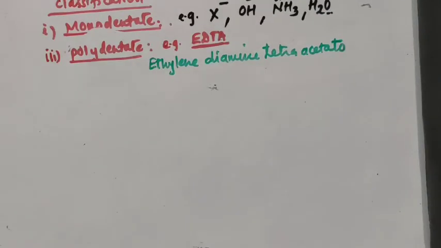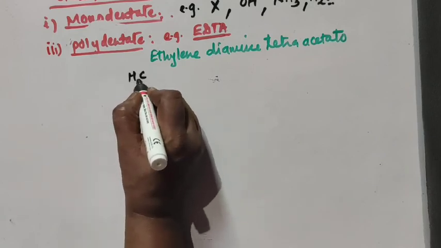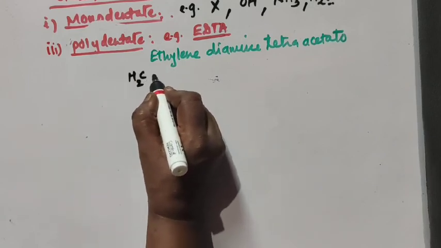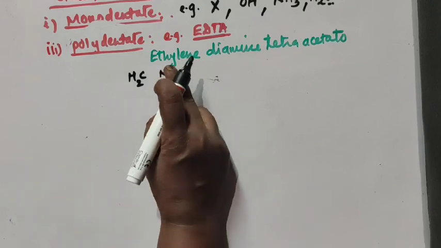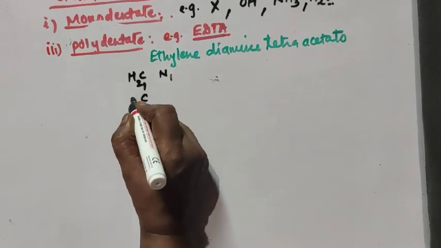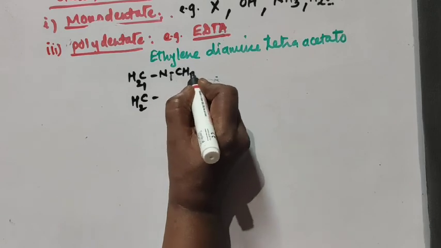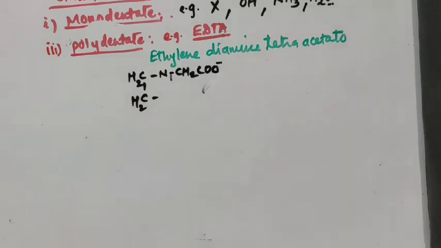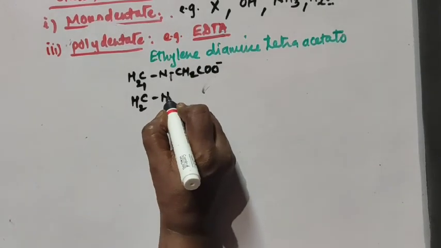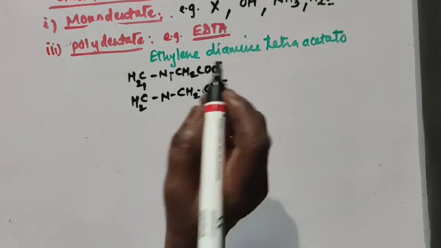So in case of EDTA, I'll write the formula also. Ethylene diamine, so it is CH2, NH2, CH2, and then CH2 COO, H is removed, so oxygen acquires a negative charge here. Then N CH2 COO minus.